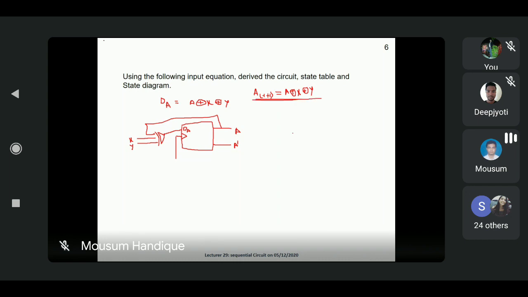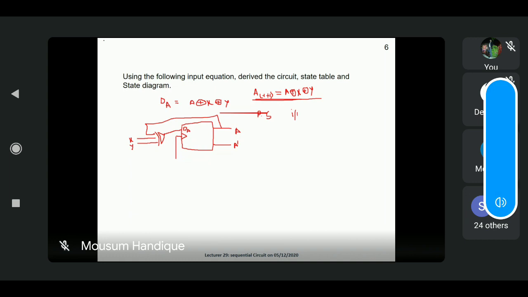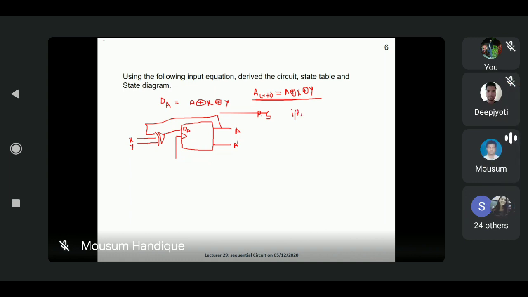Okay, so how can we construct the state table? It is very easy. This one is the present state, this one is the inputs, and this one is the next state.